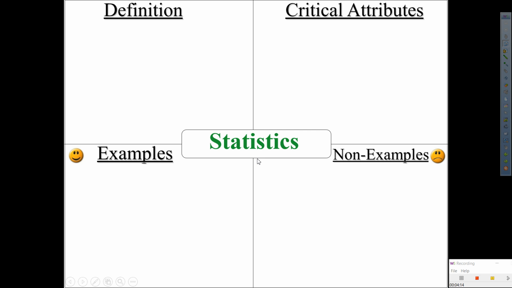First of all, what are statistics? Tell your neighbor, please. By now they should know the definition.